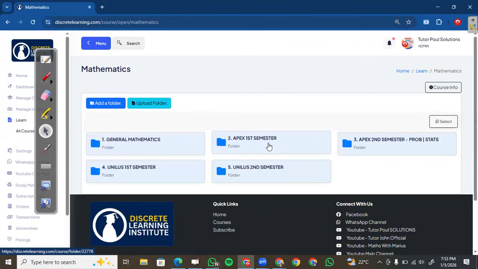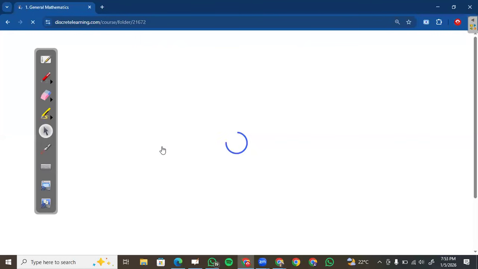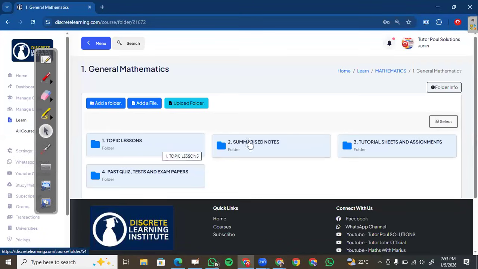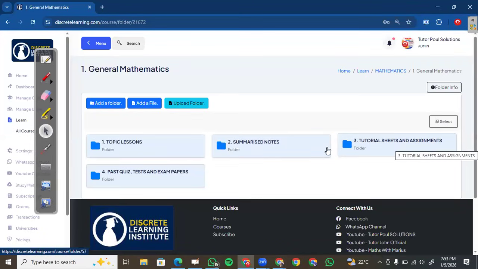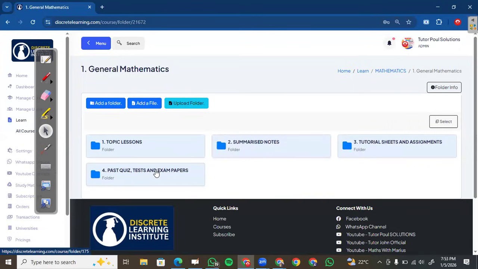Unless you are from Apex or Unilas, in which case you go in those folders. But if you're from any other university, Mukuba, CBU, UNZA, any other university, you go in general mathematics. So you open the general mathematics folder. You're going to find topic lessons, summarized notes, tutorial sheets, past quiz, test, and exam papers.